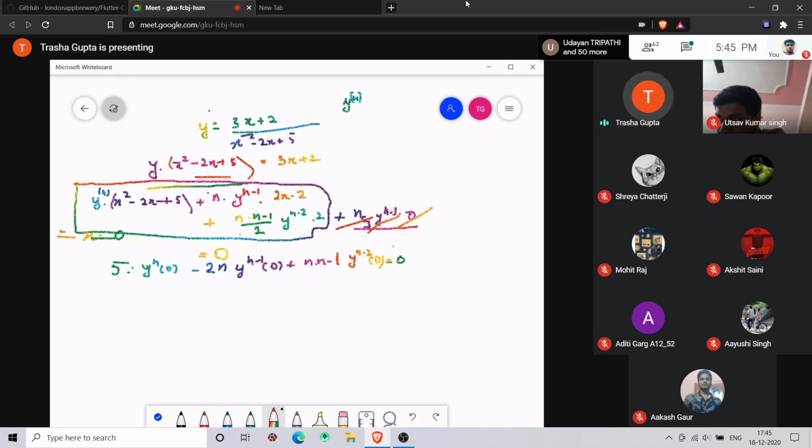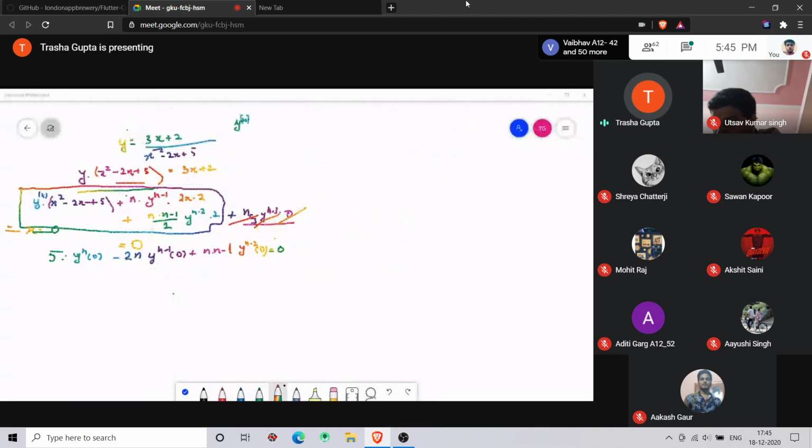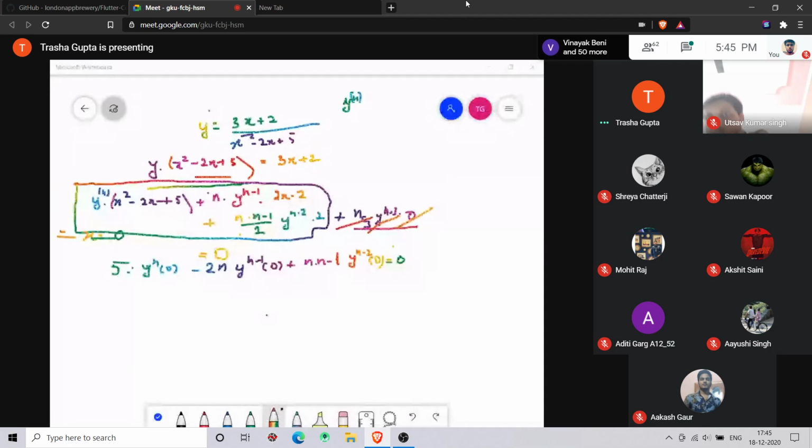So basically if you solve this equation, you will have something like y n. I'm just writing y n at 0, I'm just writing it like this, just for the sake of ease. You will not write it like this, you will write it in full.